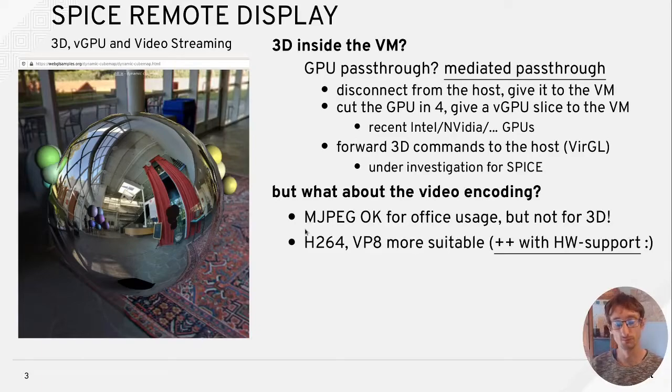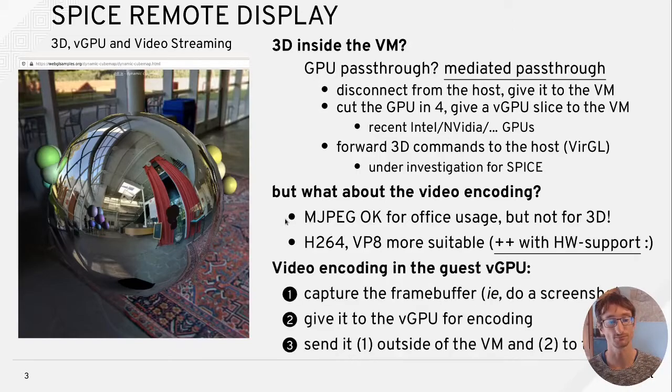However, modern video encoders such as H.264 and VP8 are more suitable for this purpose, especially when they have hardware encoding capability, and that's the case for Intel and NVIDIA vGPUs.